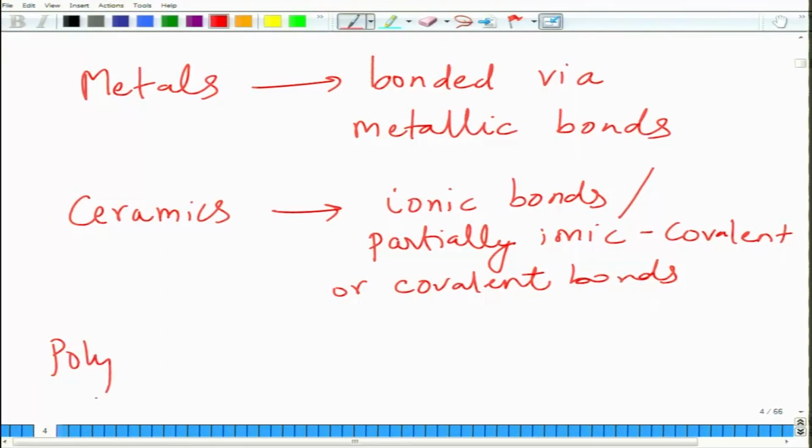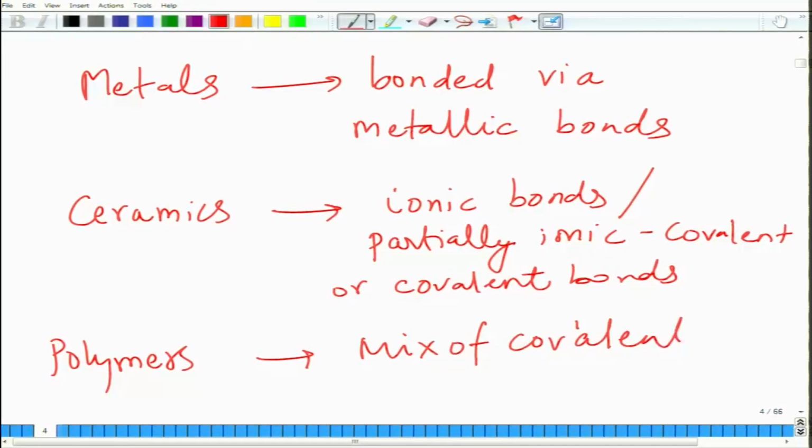Polymers on the other hand have a mix of covalent and secondary bonding. And it is the nature of these bonds which is very crucial in imparting the properties which these materials have.